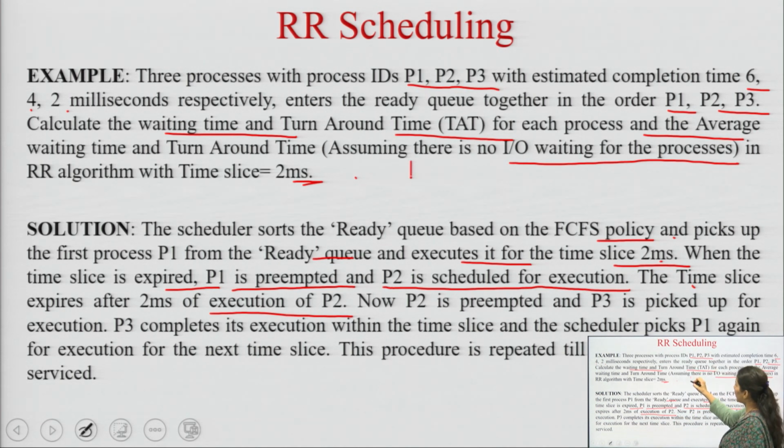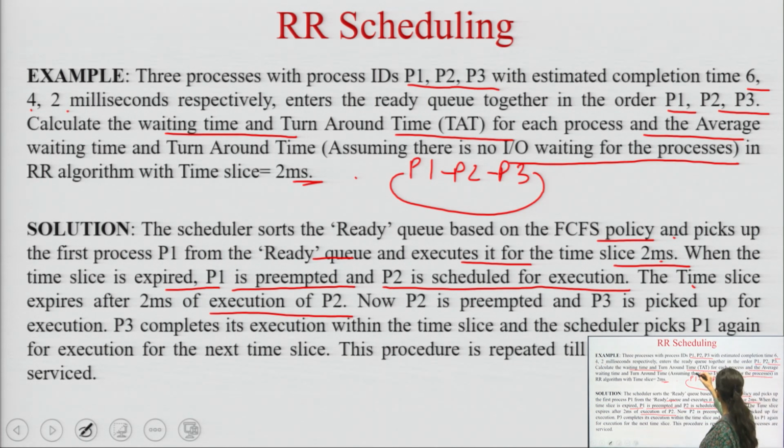So, P1, P2 and P3 are arranged in a circle, we can suppose. The execution time of P1 is 6 milliseconds, P2 is 4 milliseconds and P3 is 2 milliseconds. After 2 milliseconds of execution of P1, the execution switches to P2.